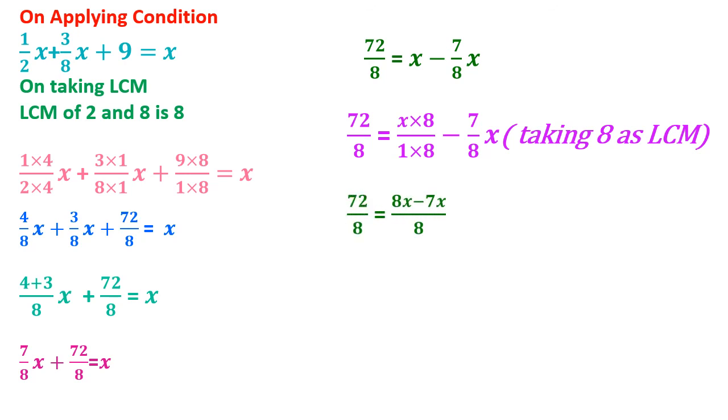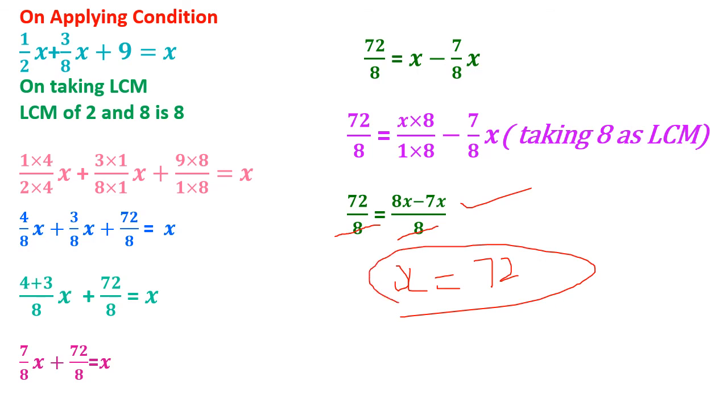Both the 8 will get eliminated. Remember, this is the rule in mathematics. If the denominators are equal, you can eliminate them. Even if you cross multiply, they will get eliminated. So you directly eliminate them. Now we are remained with the numerators only. So 8x minus 7x is x and x is equal to 72. So the number of deer in the herd are 72.